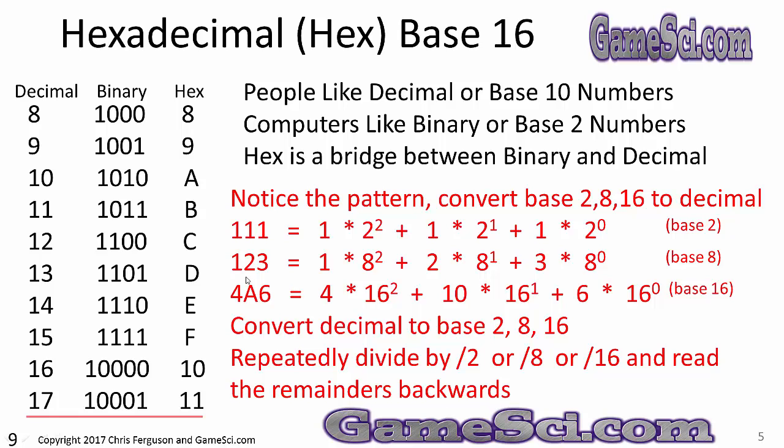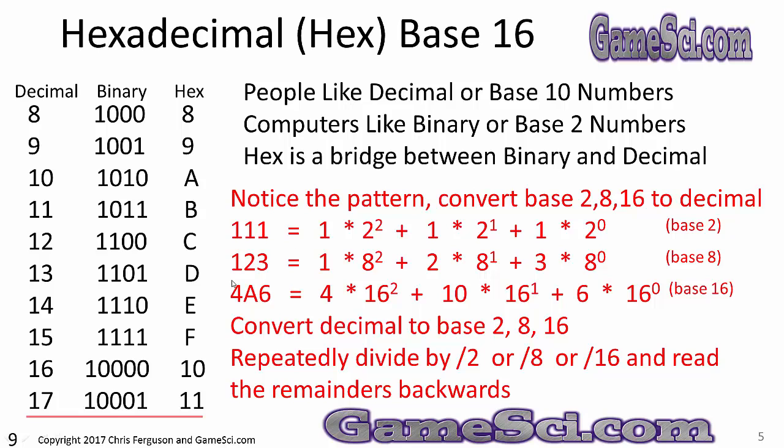So 111 in binary is 1 times 2 squared plus 1 times 2 to the first plus 1 times 2 to the 0 power. You substitute in the values for the powers of 2, multiply and add them, and you get a 7. That's how you convert from binary, base 2, to decimal.